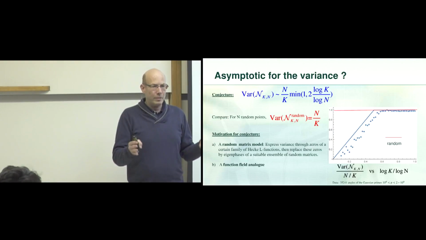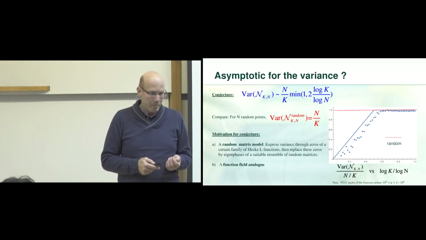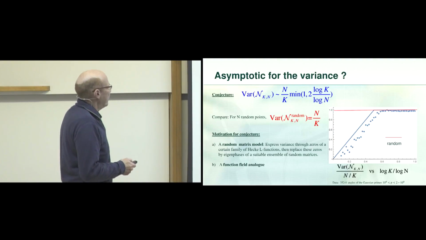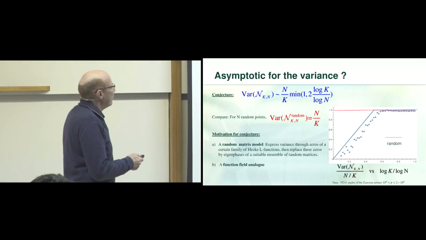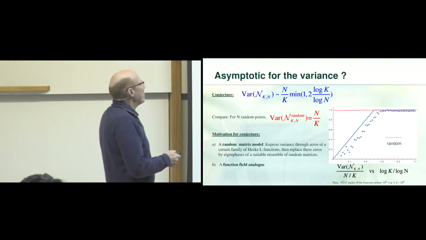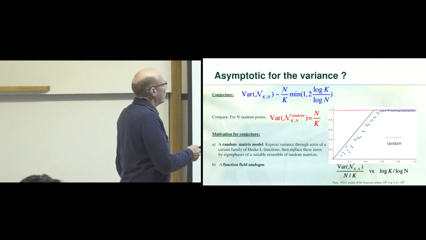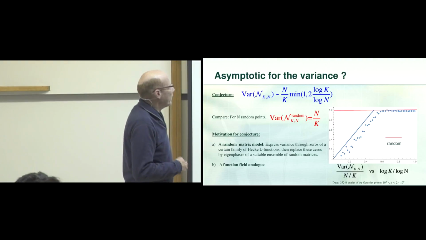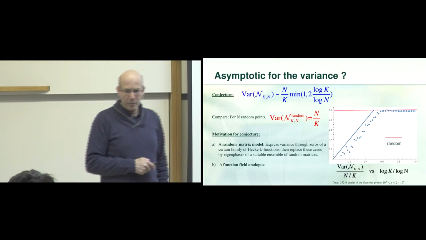Expected number is n over k. The variance turns out to also be n over k. And here the conjecture is that the variance of these Gaussian angles is the random variance multiplied by either 1 or something, the ratio of the log of the number of bins to the log of the number of points.